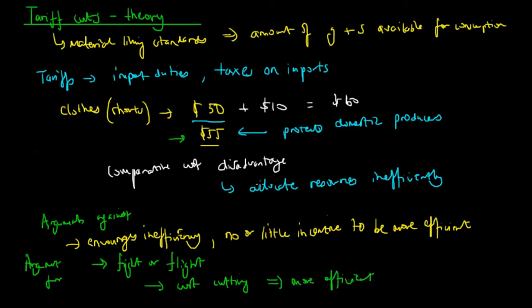they would no longer survive in this industry, as we've assumed that we are all rational consumers and that we're going to look for the cheapest product at $50. So unless they cut their cost from $55 to $50, this firm will not be able to survive in the international market.